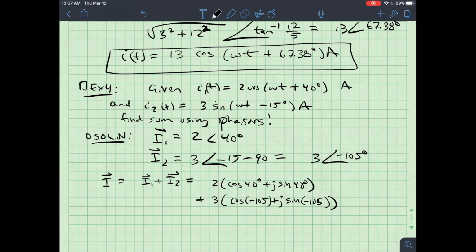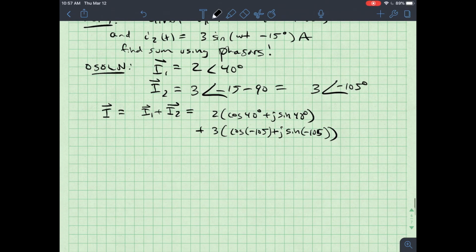So when I do this, I get roughly 1.53 plus j1.286 plus negative 0.776 minus j2.898.